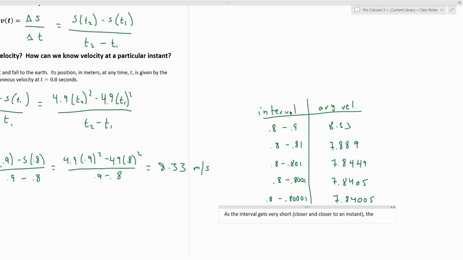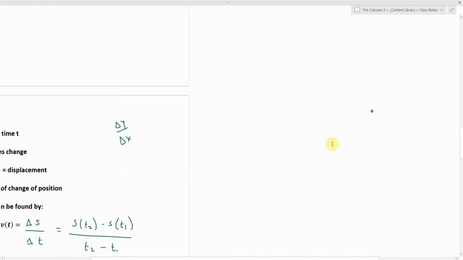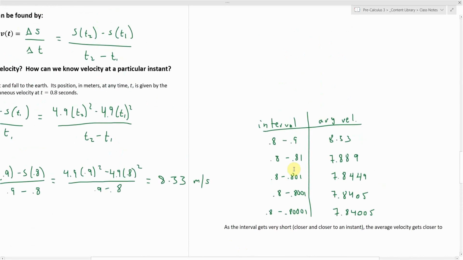The average velocity gets closer to 7.84. We can see it's getting closer and closer to 7.84 meters per second. So we say it gets closer to 7.84 meters per second. Okay?